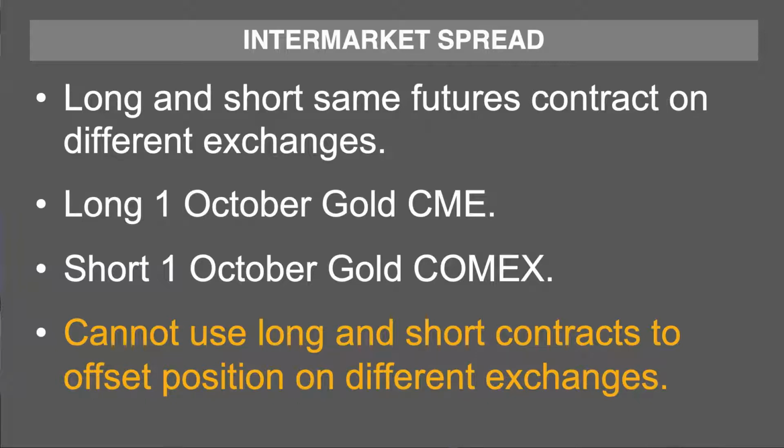Another type of commodity spread that could be established by an investor is an intermarket spread. They could go long the commodity on one exchange and short the commodity on another exchange. Perhaps they feel there is a price discrepancy on one of the exchanges and they want to take advantage of that fact. Here we have someone going long October gold on the CME and short October gold on the COMEX.